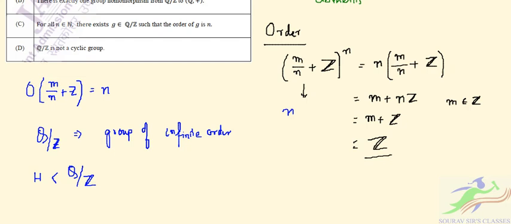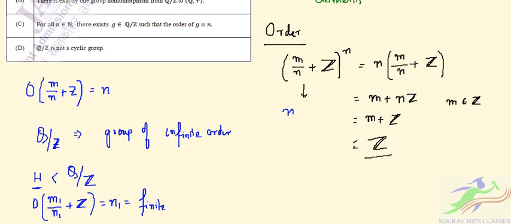If I want to find the order of each element of this subgroup, I can write it as m1 by n1 plus Z. So it will be n1, which is finite. So the order of each element of this subgroup will be finite.